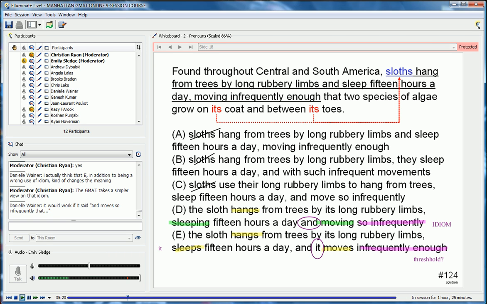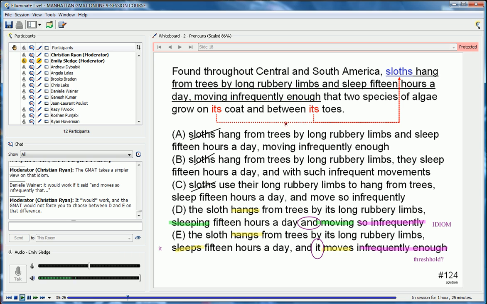Now on the issue of this idiom at the end, both of them actually get at the idea of a threshold for when algae would grow. Move so infrequently that it happens, or moving infrequently enough that it happens. Either way, this sloth is crossing that threshold and growing the algae. What really is the difference is the intent. If you move infrequently enough that something happens, it implies that you are trying to do it.